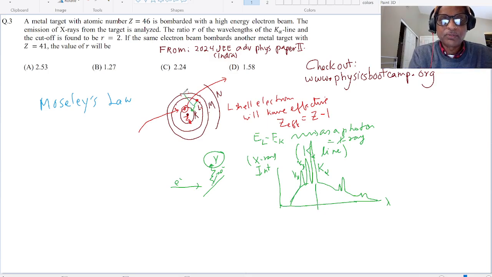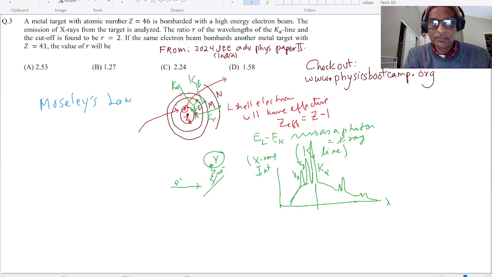If an electron comes from L to K, this is K alpha. If it comes from M to fill in the K, that will be K beta. From N, that's going to be K gamma, etc.